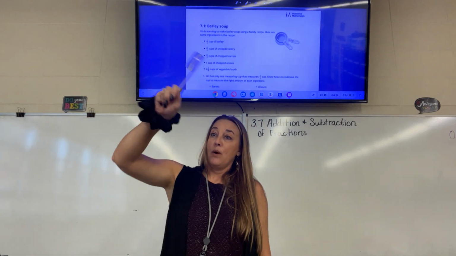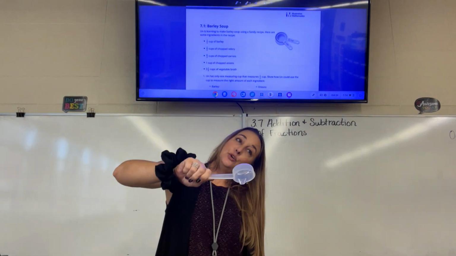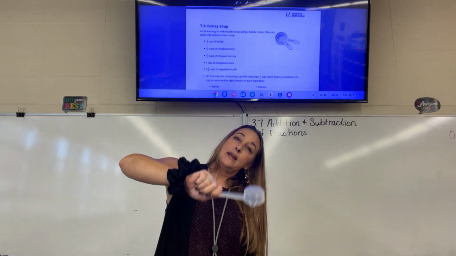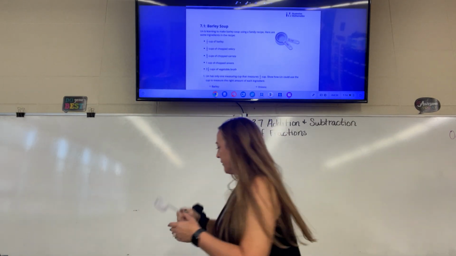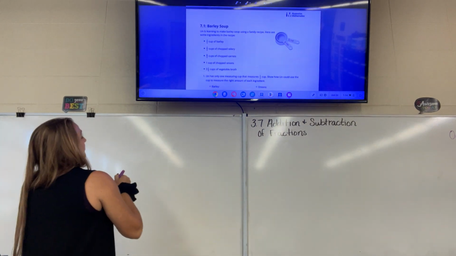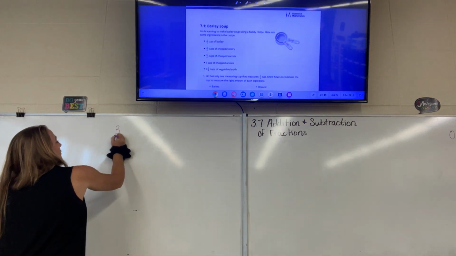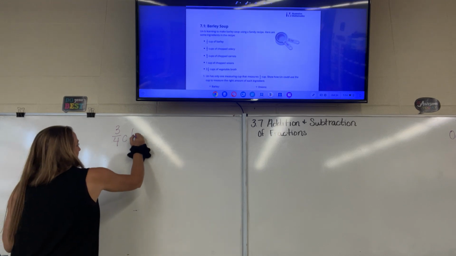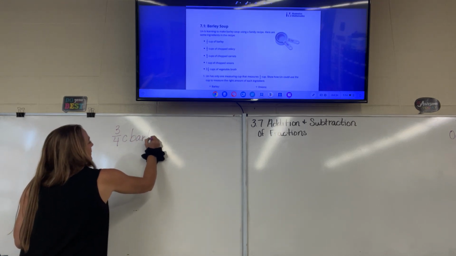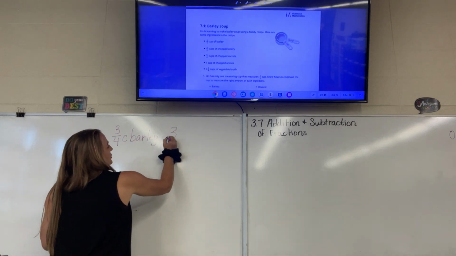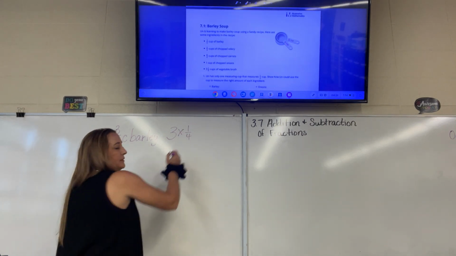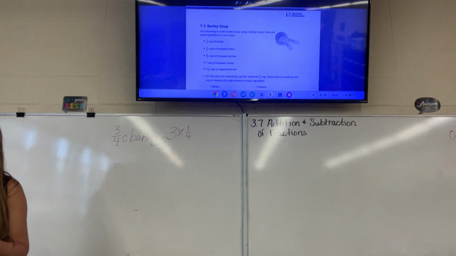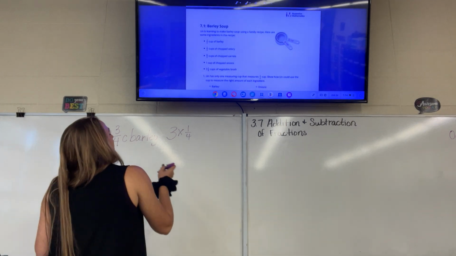Watch. 1/4, 2/4, 3/4. Barley. That's like wheat. Okay? So, in order to make 3/4 cup of barley, I'm going to have to do 3 times a 1/4 cup. Right? That's the expression.